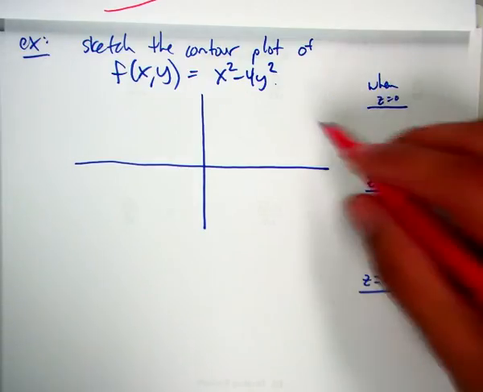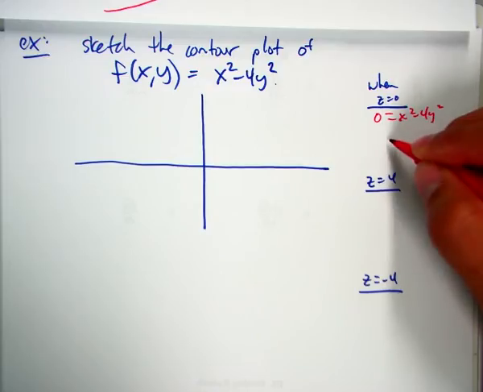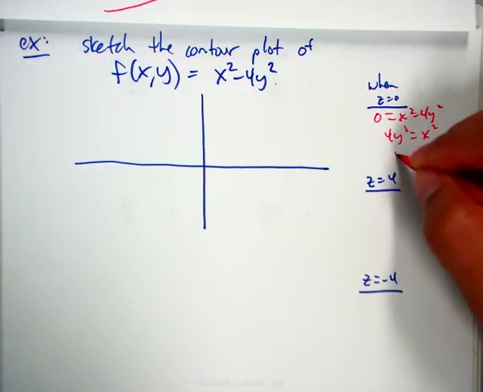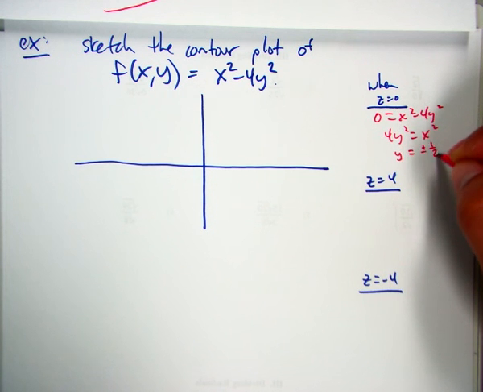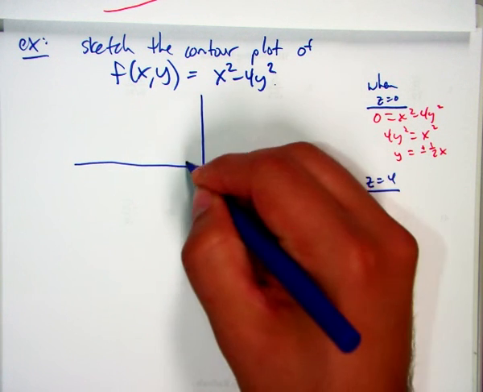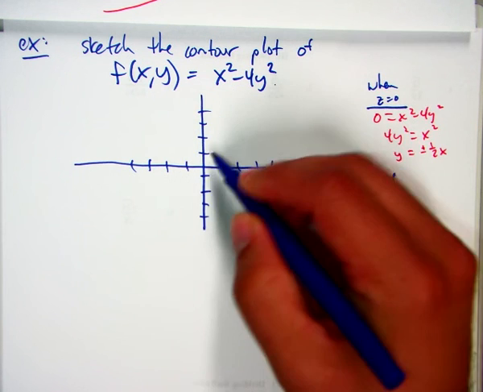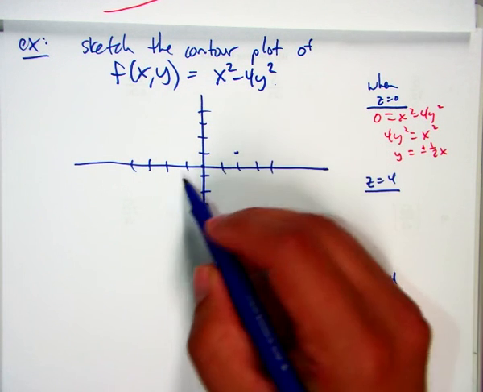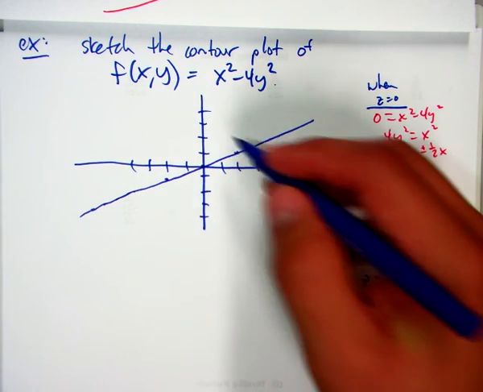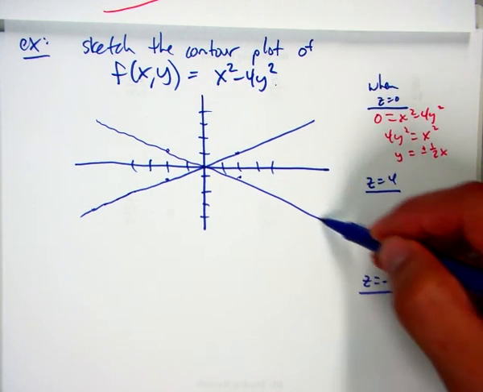Kind of solved, so I get 4y squared equals x squared, which then translates to y equals plus or minus 1/2 x. So this is where z equals 0.